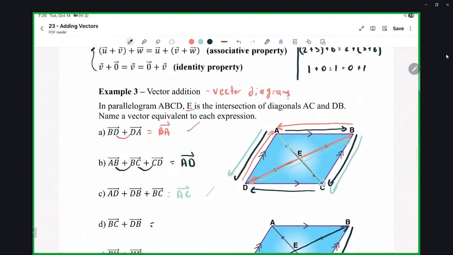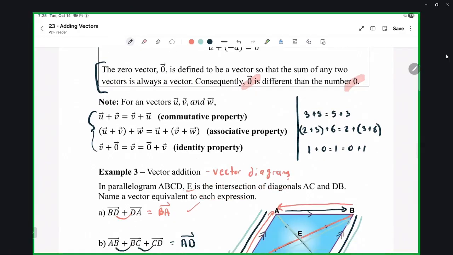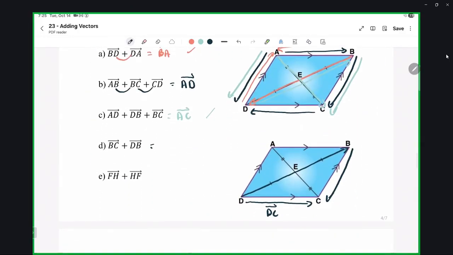Well, we're actually going to use the commutative property of vectors, meaning that if we have vector BC plus DB, that seems to be the same thing as vector DB plus vector BC. And then you can see we end at vector B, begin at vector B. So that means we've got vector DC, which is what we were looking for.